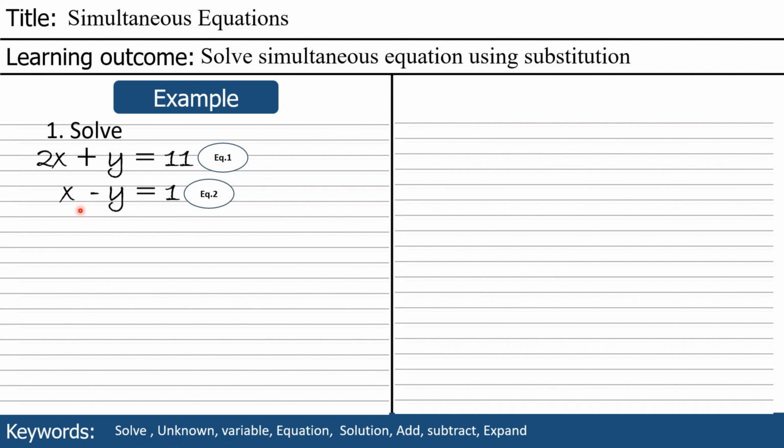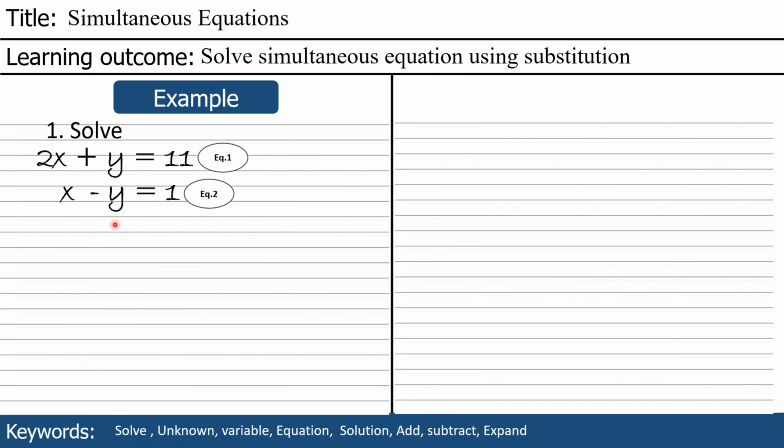So in this case, we're going to make x the subject, and we're using equation 2. So the last operation that was done to x is subtracting y. And the reverse of subtracting y is add y. So let's undo subtracting y by adding y on both sides of the equation.